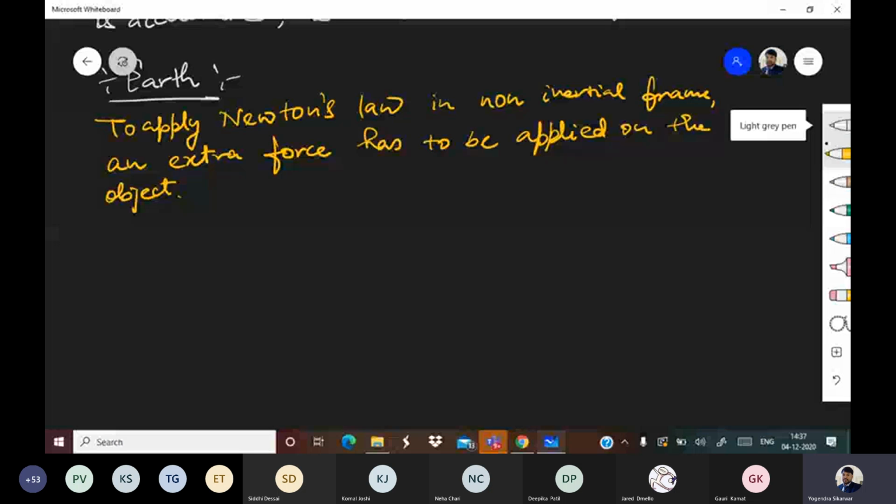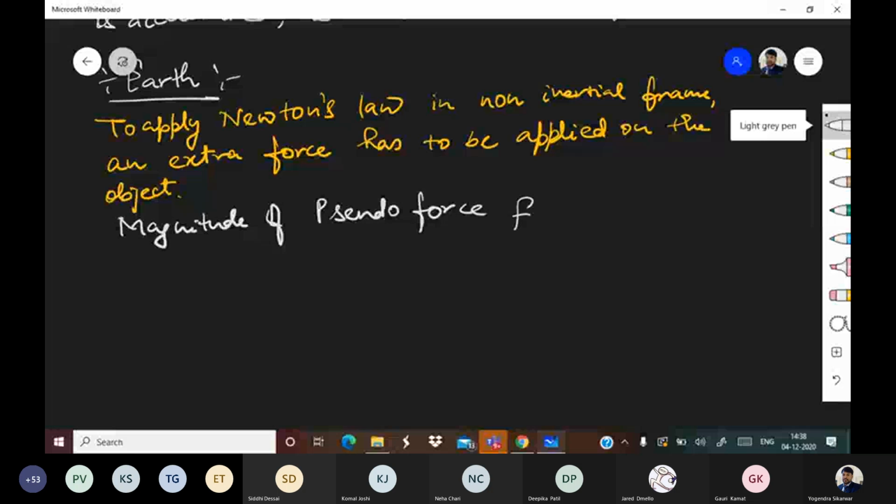Now comes the next part: how much will be the pseudo force? So let us talk about that. Magnitude of pseudo force. F pseudo is equal to M into A ref.